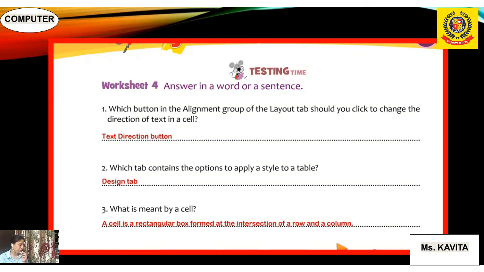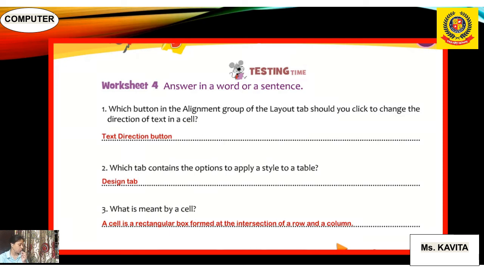I am repeating: when you click on an insert table option in the table button menu, the insert dialog box appears. Page number 37. So answer is true. Though Excel sheet looks like a table, you cannot insert it in a document. Answer is false. Cells are formed at the intersection of rows and columns.